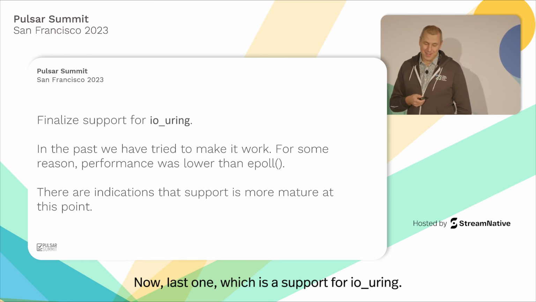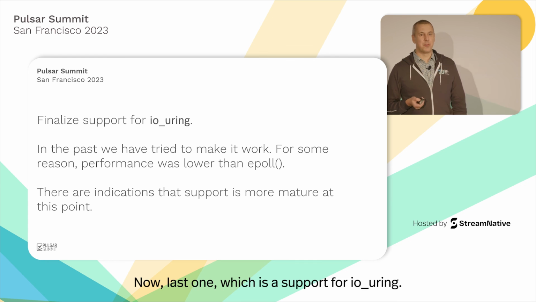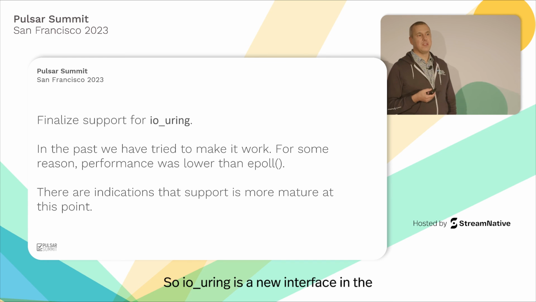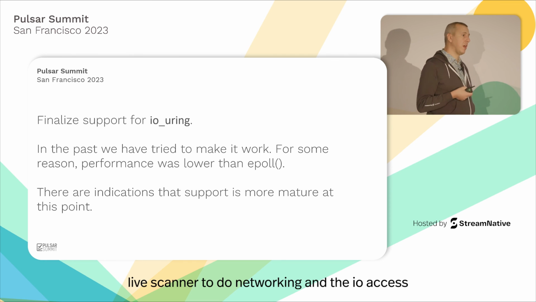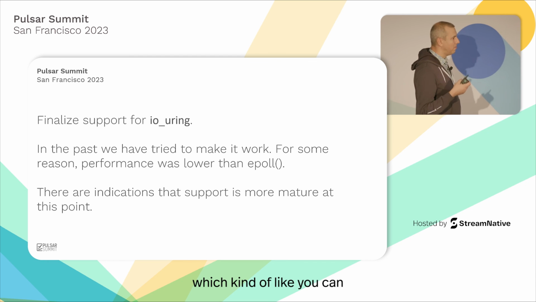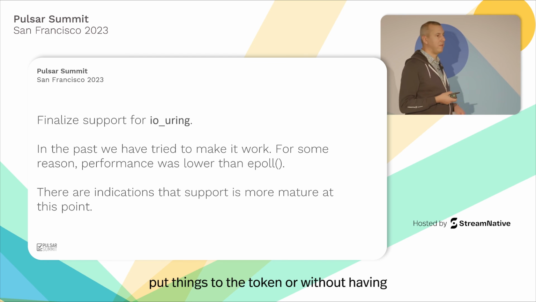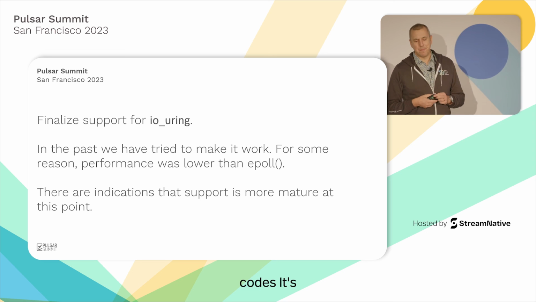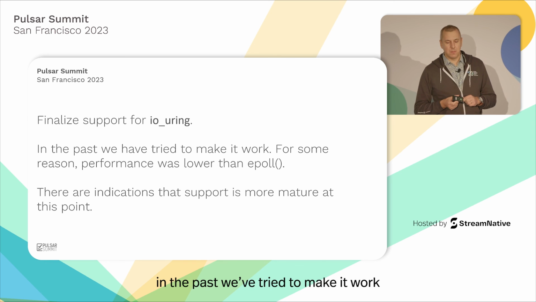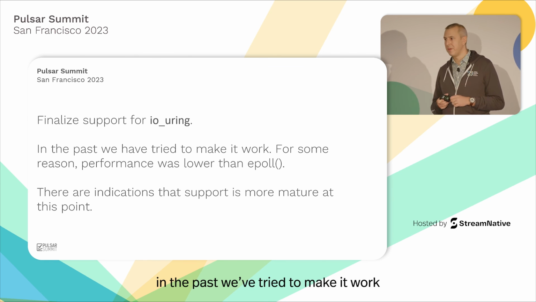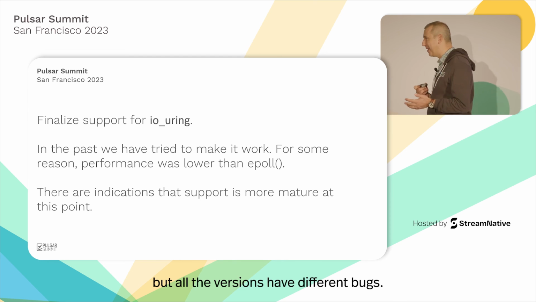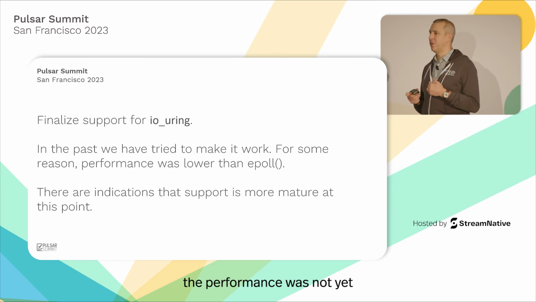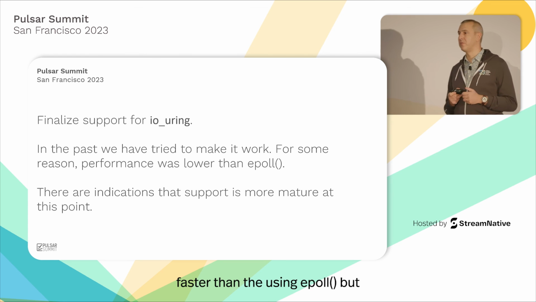Now is the last one, which is support for io_uring. So basically, io_uring is a new interface in the Linux kernel to do networking and IO access, which kind of lets you put things to the kernel without having syscalls. In the past, we tried to make it work. All the kernel versions have different bugs. In the end, the performance was not yet faster than using epoll.